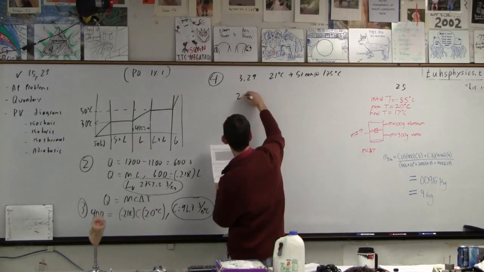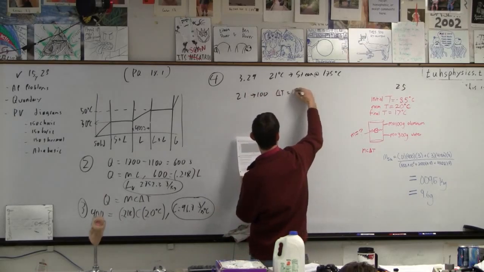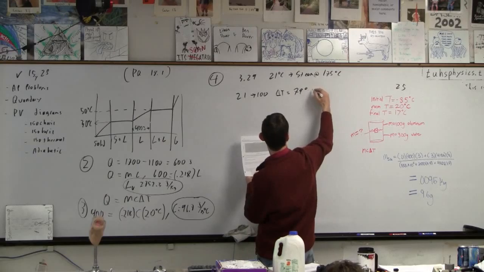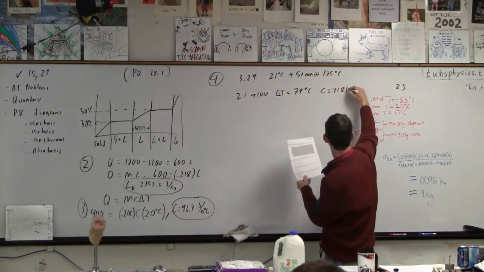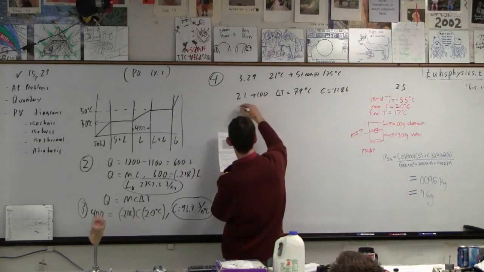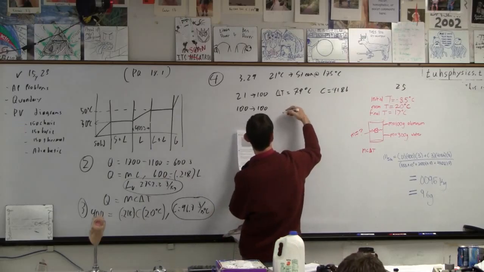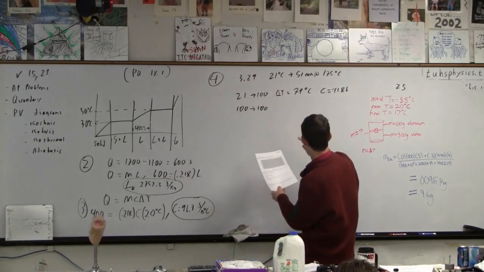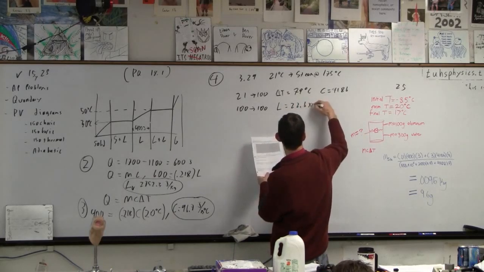So that means we got to go from 21 to 100. That's a delta T of 79 degrees, and our c is equal to 4186. Then we got to go from 100 liquid to 100 gas. Delta T is not relevant. It's just potential energy, right? So our L is going to be 22.6.